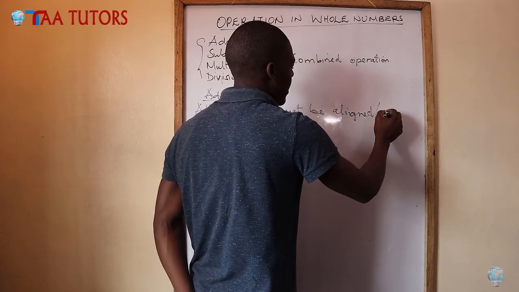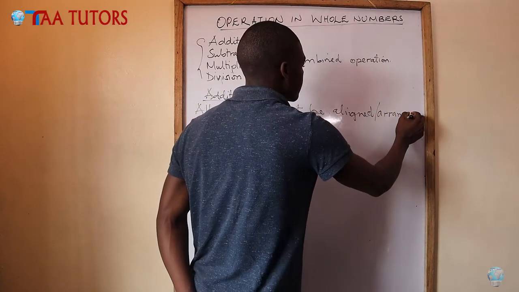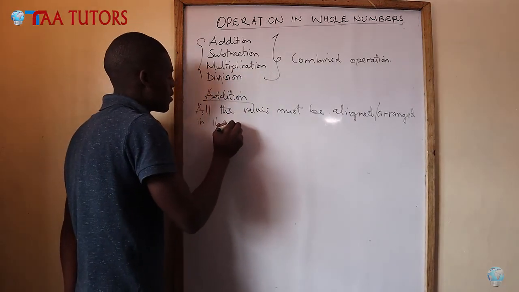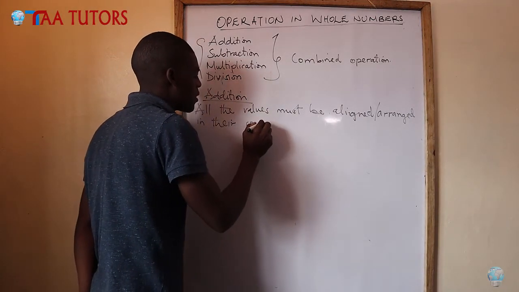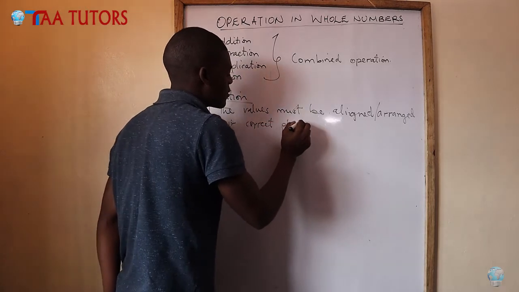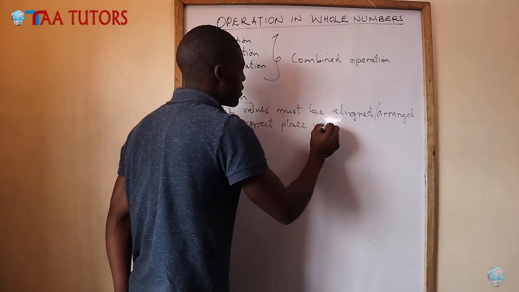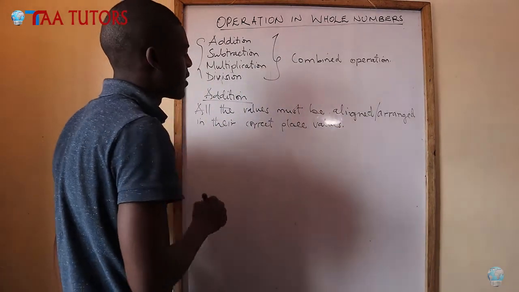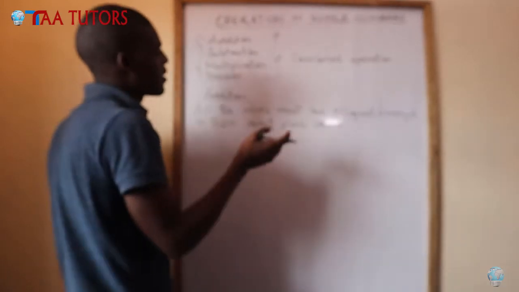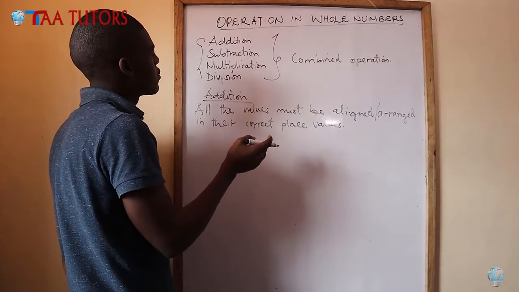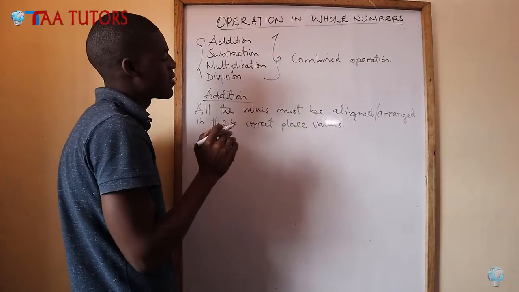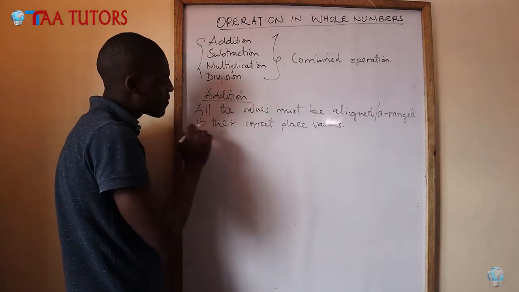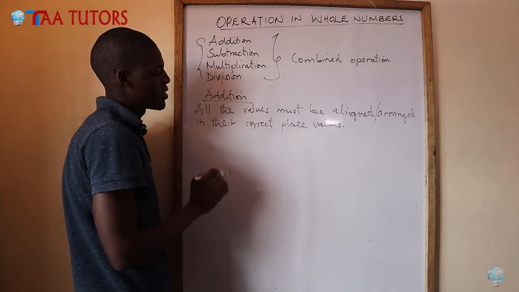Aligned can also mean arranged in their correct place values. We had seen place values and how to arrange digits in the place values. So when you are given a question involving addition, the first thing that we must do, we must align all the numbers or the values we are given according to their place values.